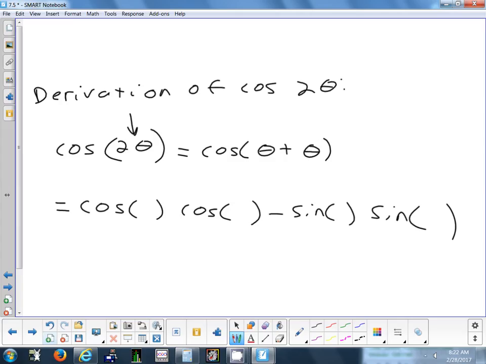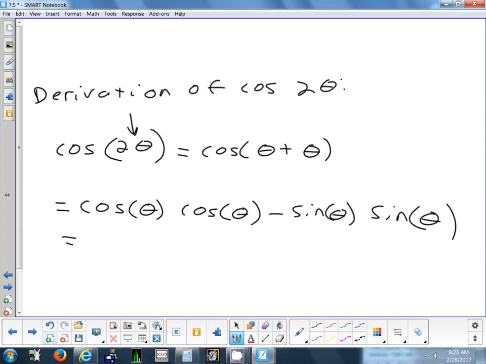Now the first and the second, how do they compare here? The same. So theta, theta, theta, theta. What's cosine theta times cosine theta? No, not 2 cosine. That would be like x plus x would be 2x.